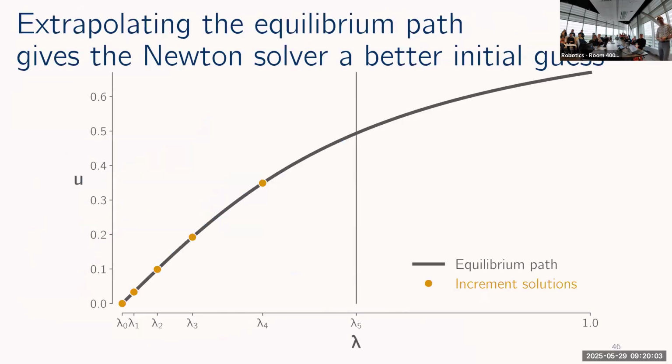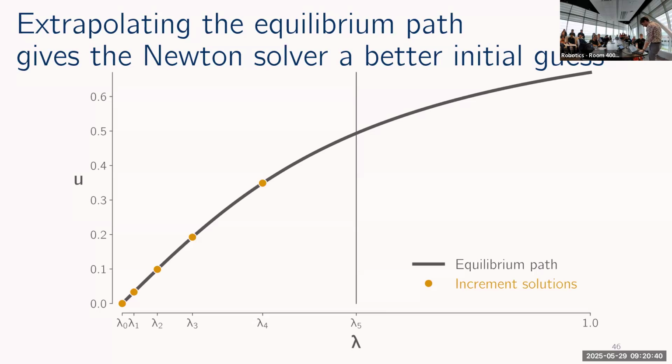And something I added to this solver to improve its efficiency is what I call equilibrium path extrapolation. So you can imagine as I go through and solve each one of these increments, basically what I'm doing is I'm finding a point on the equilibrium path of the structure. And then typically, once I've solved for the displacement at this load factor here, I increment the load and start solving for the displacement at the next load factor, starting from that last point that I found on the equilibrium path.